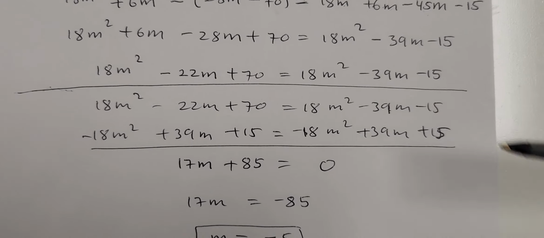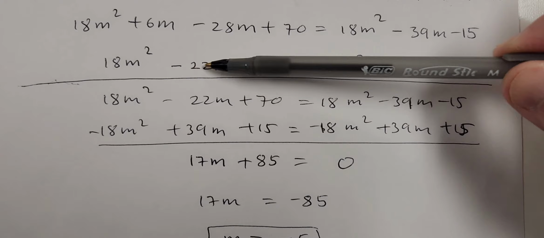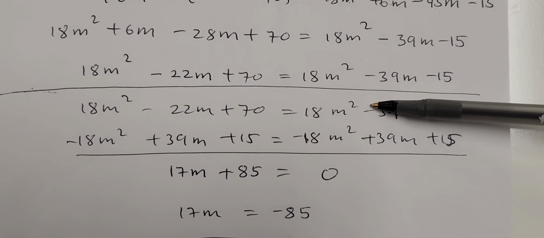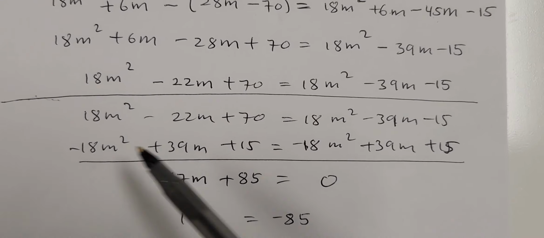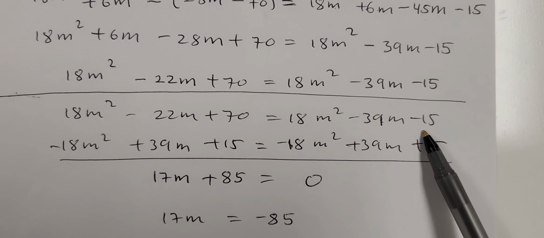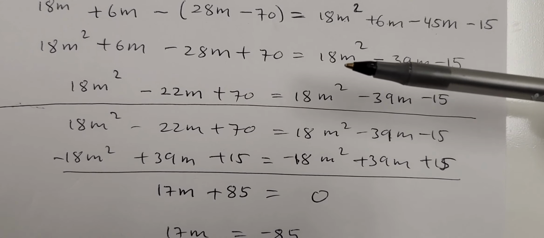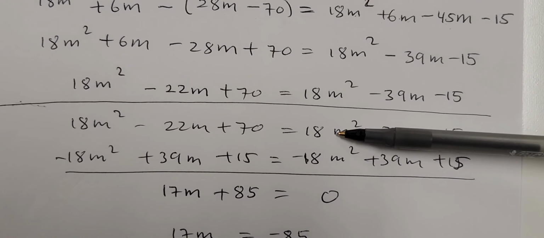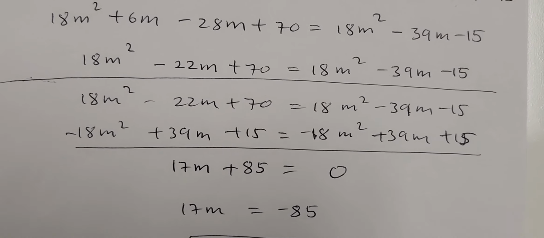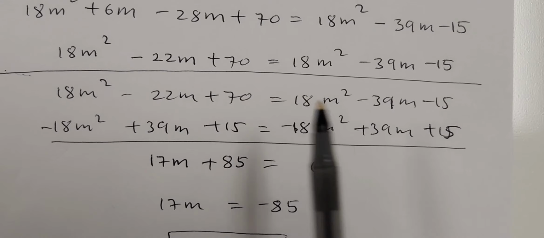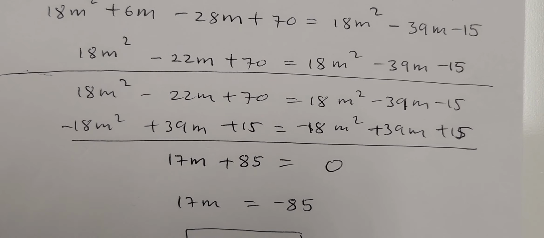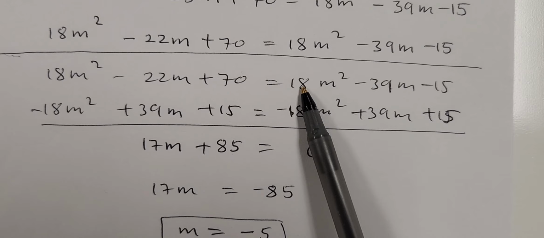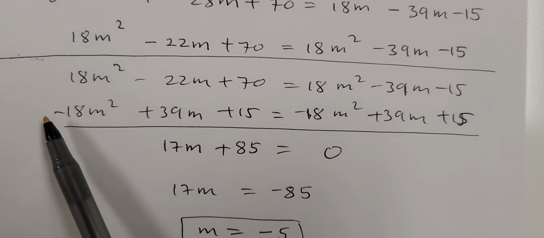Next, I want to rewrite this whole line so that you can see moving terms from the right side to the left side. I'm going to move this positive 18m squared over, and it becomes negative.